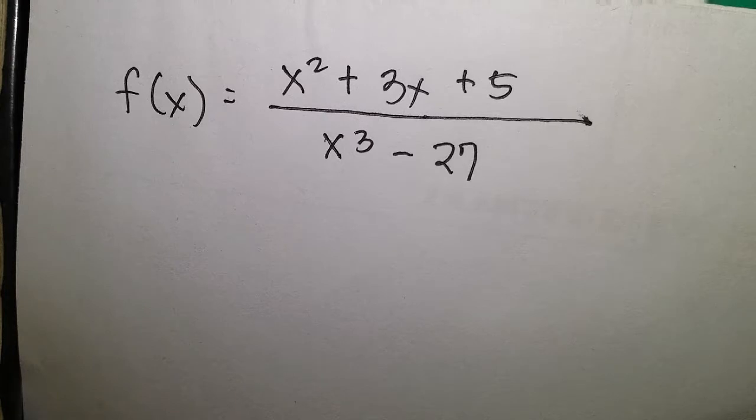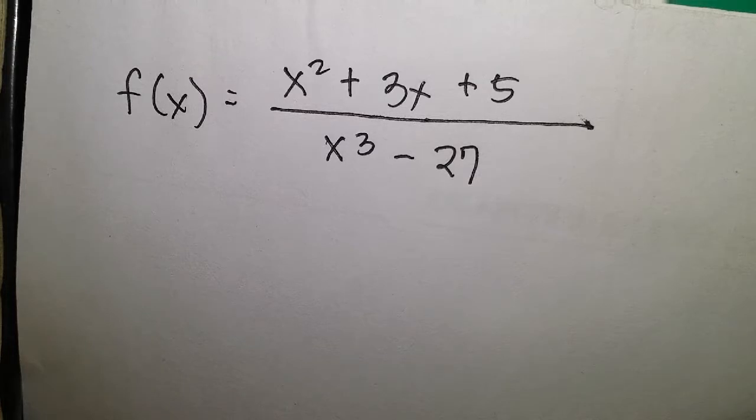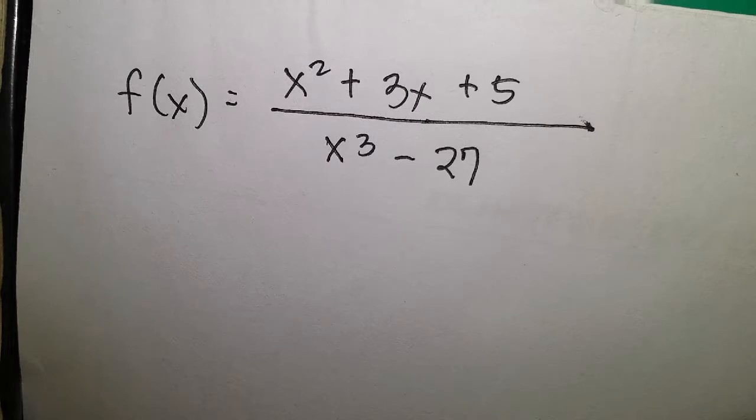We are going to compare the leading terms of the numerator and the denominator. In this equation, the leading terms are x raised to the power of 2 and x raised to the power of 3. We are going to compare both of their exponents.